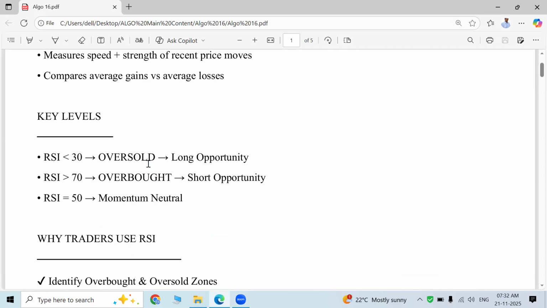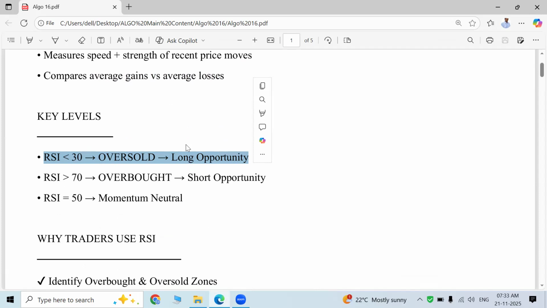Now, the logic of the market is, if the RSI is below 30, it is considered an oversold opportunity. That means we can go long on that particular asset if the RSI is below 30.